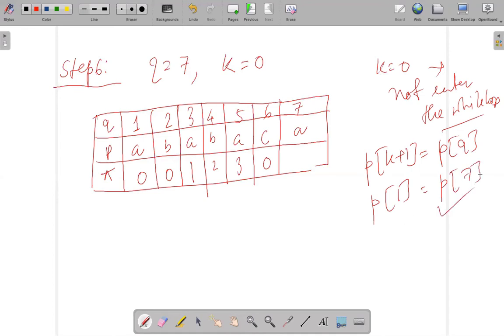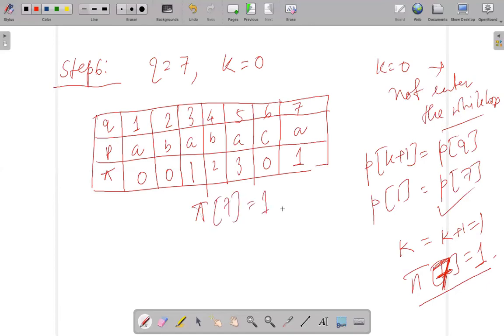Okay, and this is true, both are A. So therefore your k becomes k plus 1, which is 1, and pi 7 is set to 1. So here your new k becomes 1 and pi 7 is set to 1.